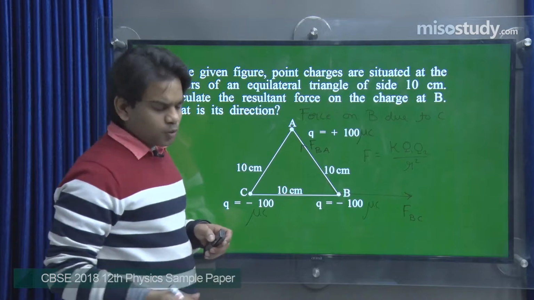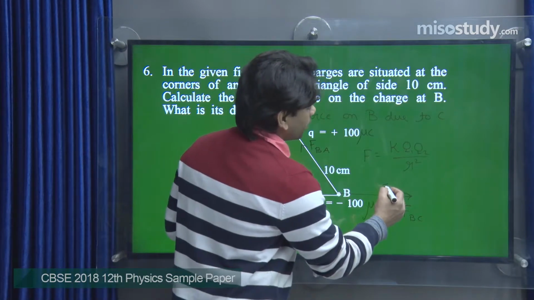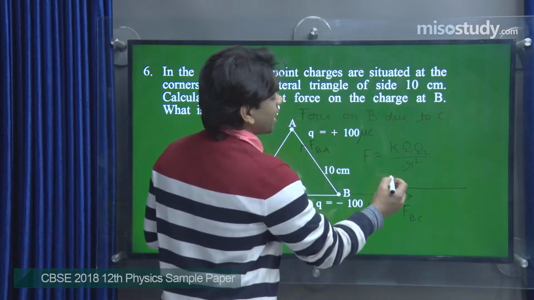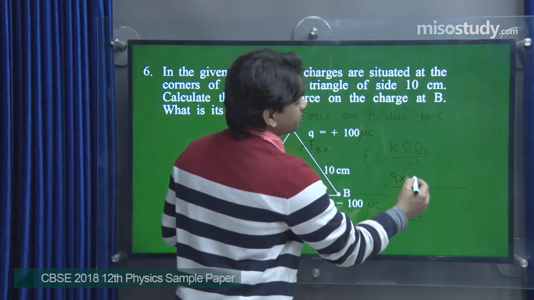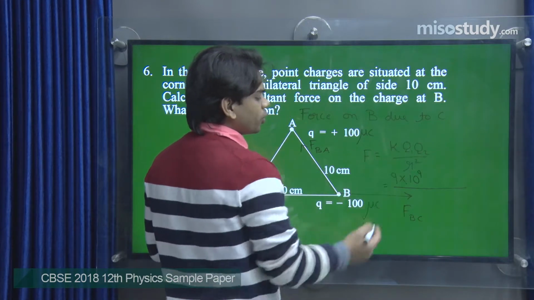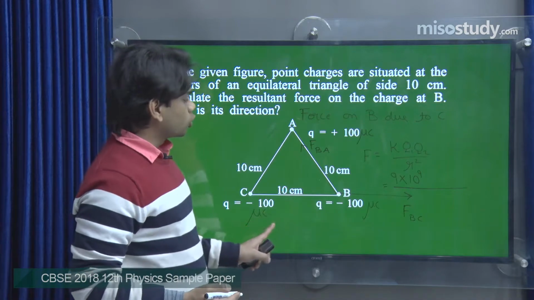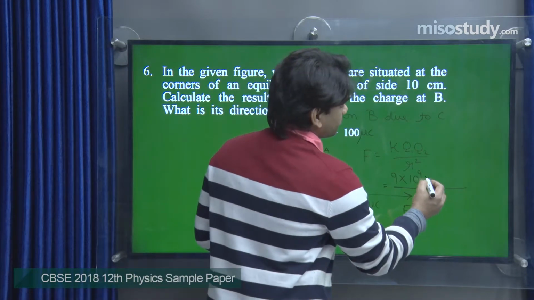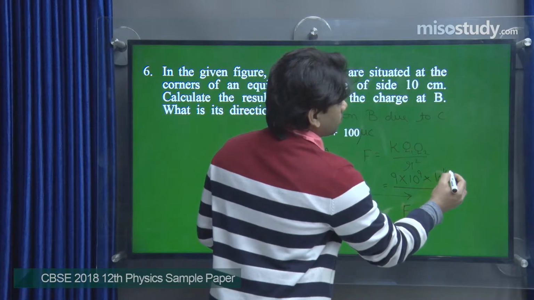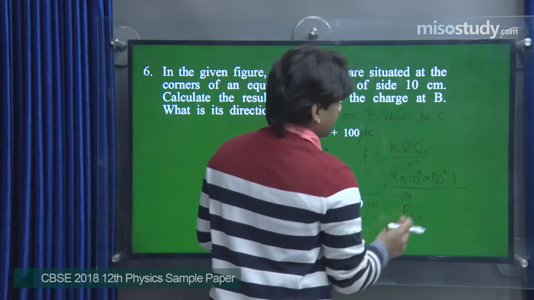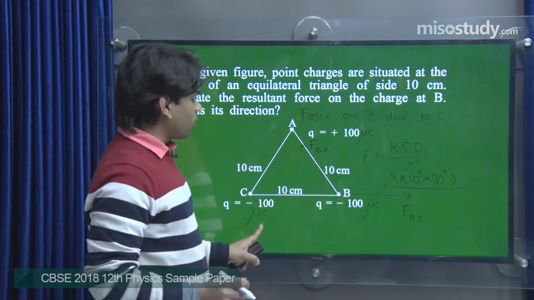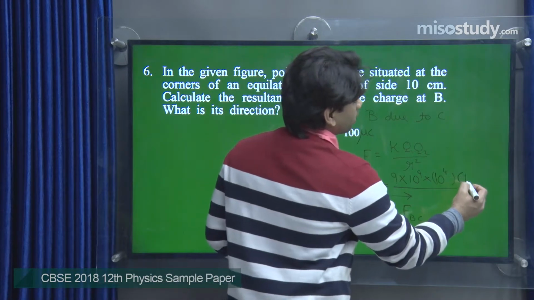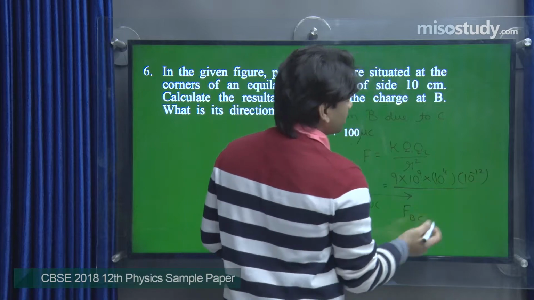Let's substitute the values. If we substitute the values, we are going to obtain the value of K as 9 into 10 power 9, with proper units. Q1 Q2, you see both are equal. So 100 into 100 will be 10 to power 4, multiplied by 10 to power minus 6 and 10 to power minus 6, we will be having 10 to power minus 12, divided by R square.